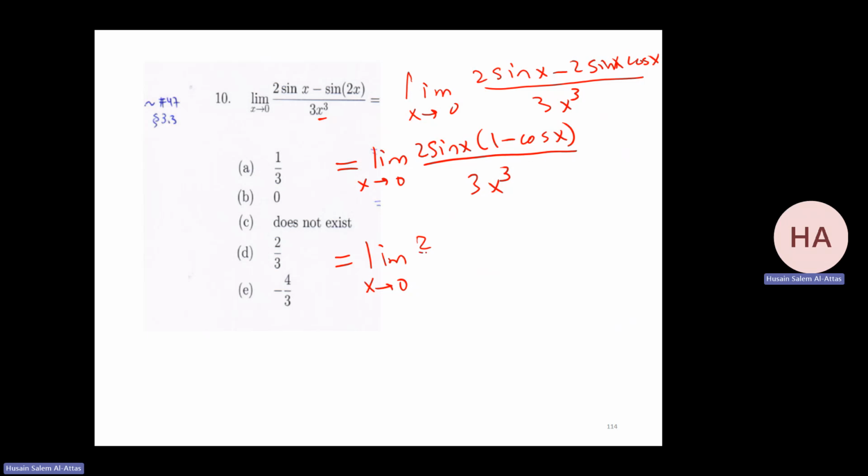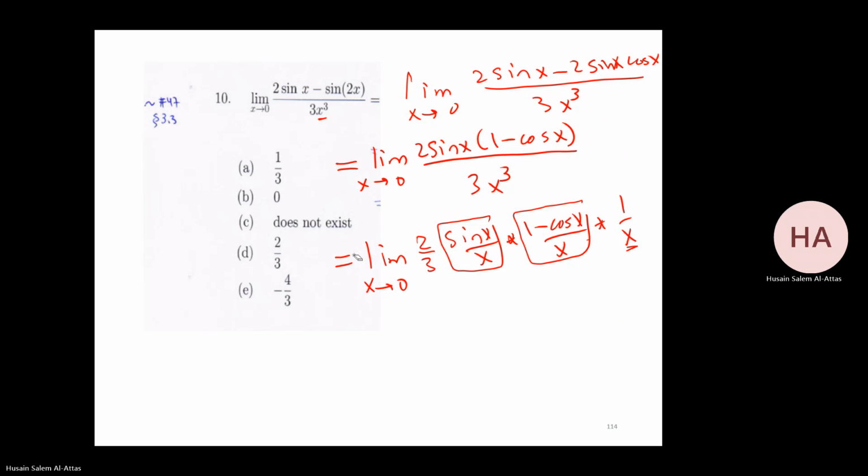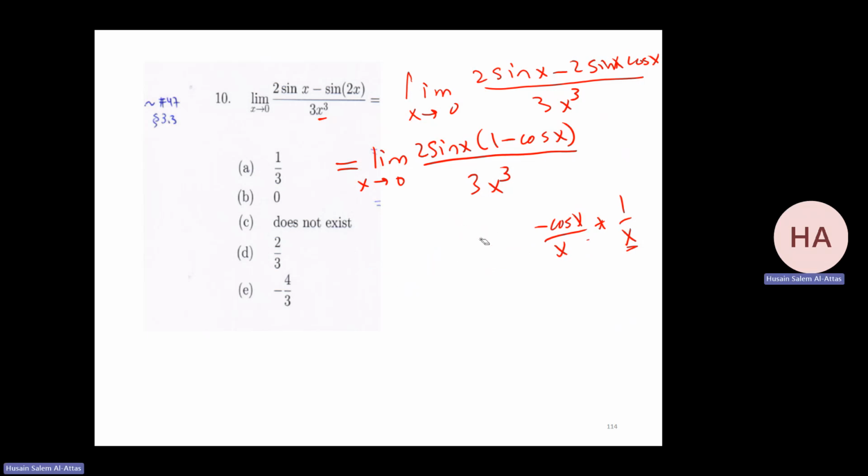I say 2 over 3 sine x over x, 1 minus cosine x over x. I need 1 over x. This gives me 0, but now I have 0 over 0, and this gives me 1. So that idea will not help. I have 0 over 0. So that will not fix the problem.